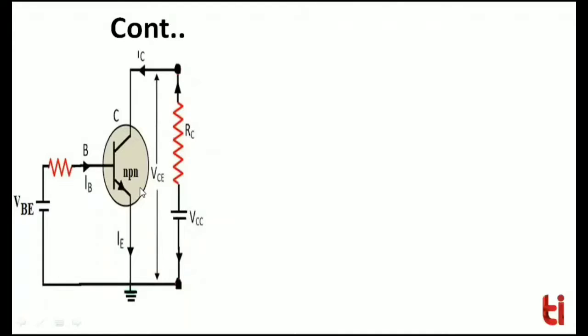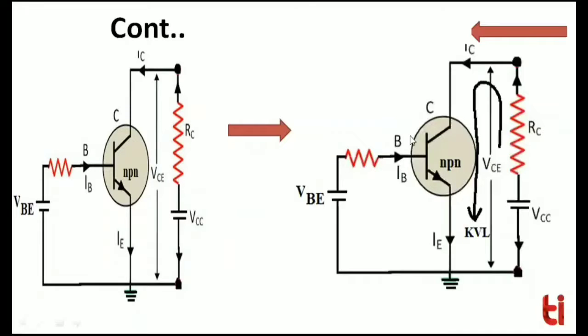Therefore, to explain the load line concept in detail, we have considered here a common emitter configuration based circuit which is operated under active mode. After setting the DC operating condition in this given circuit, we apply KVL to the collector side to find the value of collector to emitter voltage.